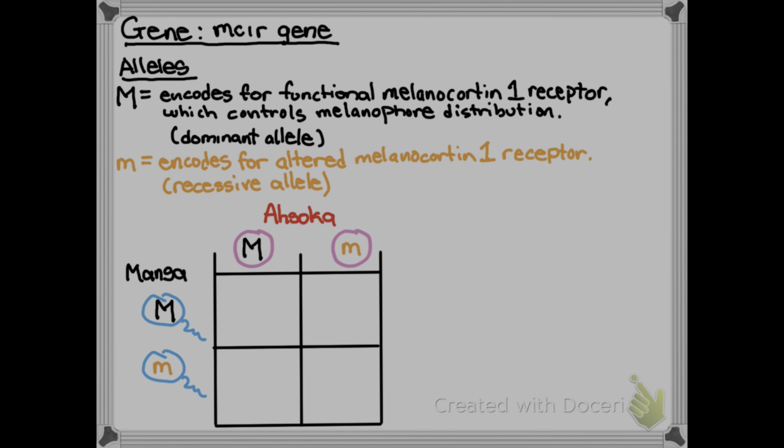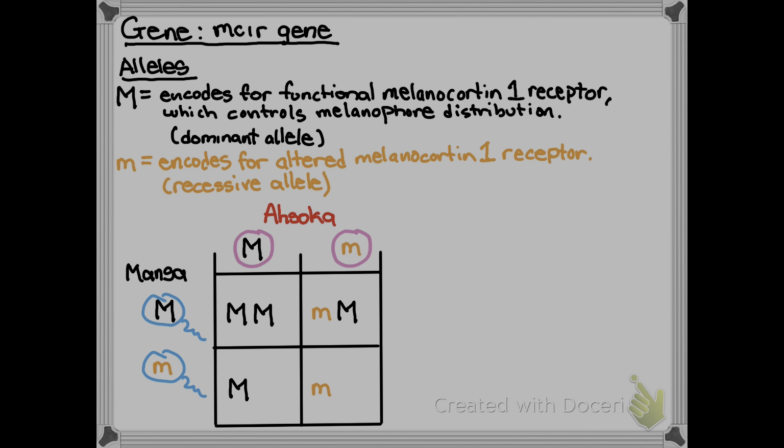And so let's do our Punnett square again. In that first column, that will be used to represent the possibility with Ahsoka's gametes with the wild type allele, or the dominant allele. And in the second column, the possibilities with the recessive allele from Ahsoka.